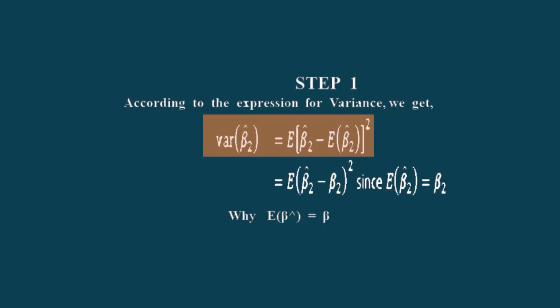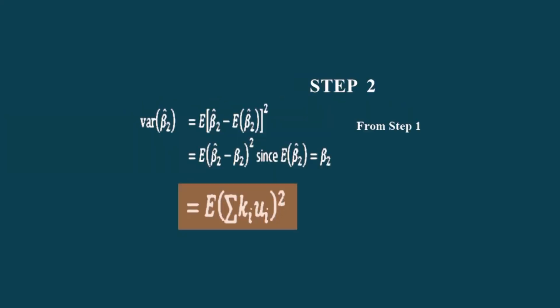In this variance expression, we see that beta 2 hat is treated as a random variable, and on the basis of the variance of x, we have the expectation of beta 2 hat minus the expectation of beta 2 hat, whole square. This gives rise to beta 2 hat minus beta 2, which boils down to summation of ki ui, whole square, which was already derived in the last expression when we did the proof of unbiasedness.